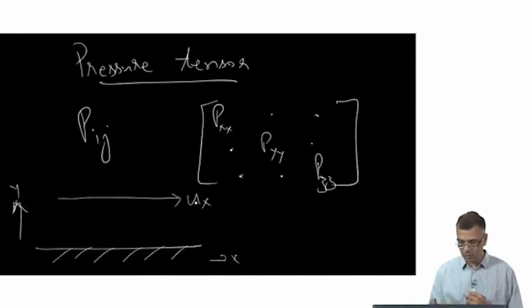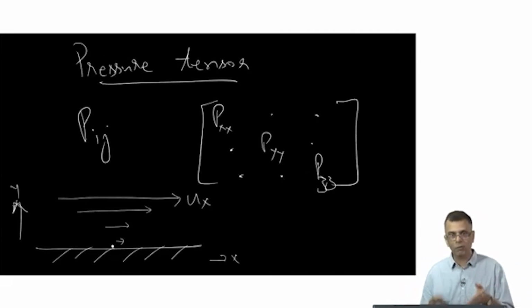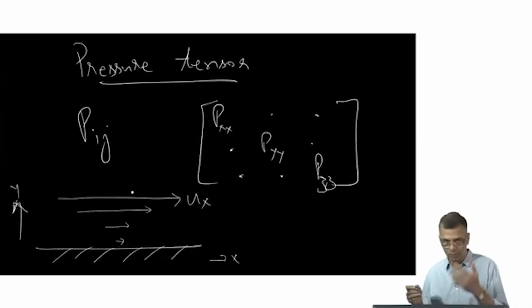The x directed velocity is large here, not so large here, not so large here. You would think of this as representing the flow of a viscous fluid, like the flow of honey. It's a sticky kind of thing, and right at the bottom the honey is barely flowing, whereas right on the surface it's flowing somewhat vigorously.